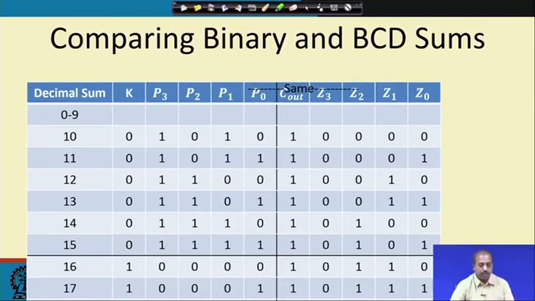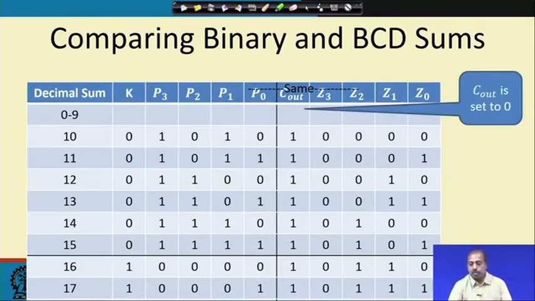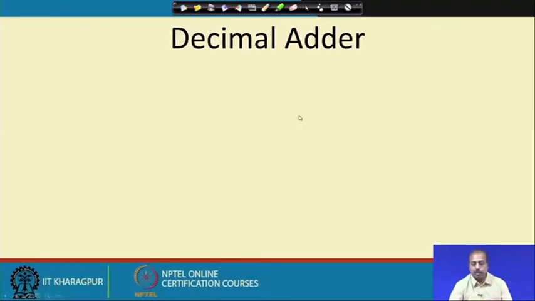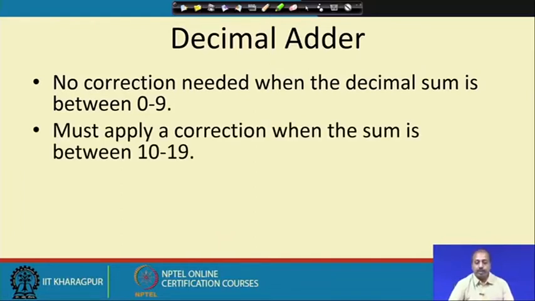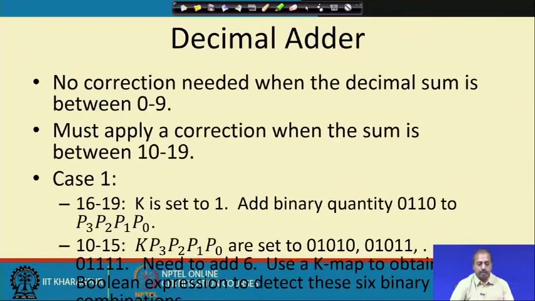So C out is 0 for the first part, and for the other parts it is 1. No correction is needed when the decimal sum is between 0 and 9, and we must apply a correction when the sum is between 10 and 19. At most you can add 9 and 9, so the value can be at most 18. So you have to do some correction.